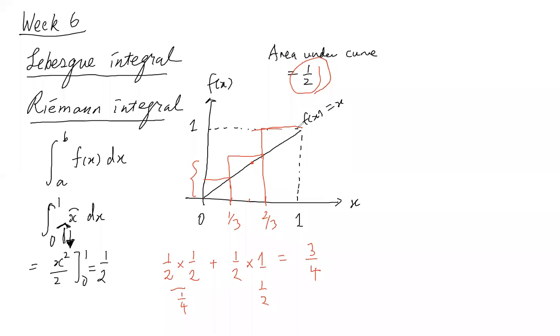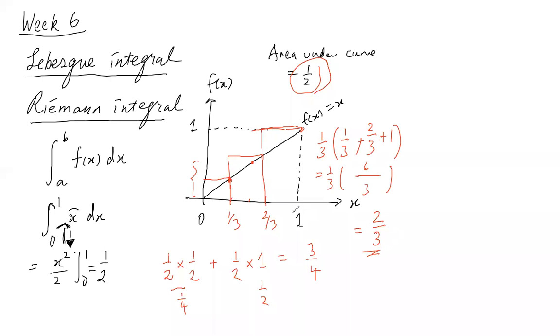So then your width is 1 over 3. The height here is 1 over 3, the second height here is 2 over 3, and the third height here is 1, right? So you sum these 3 rectangles, you will get 6 over 9, that is 2 over 3, right?